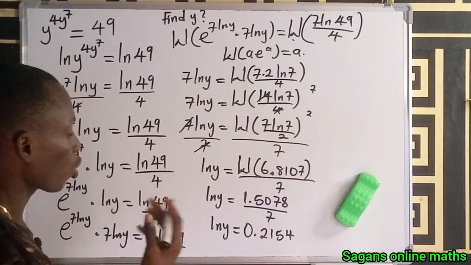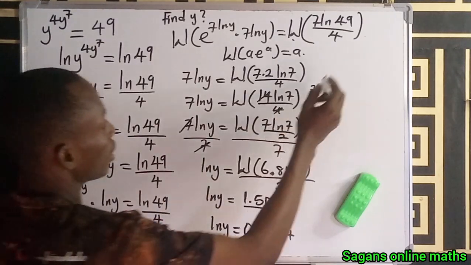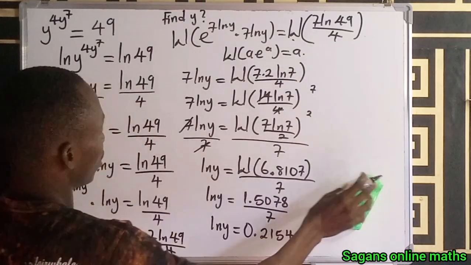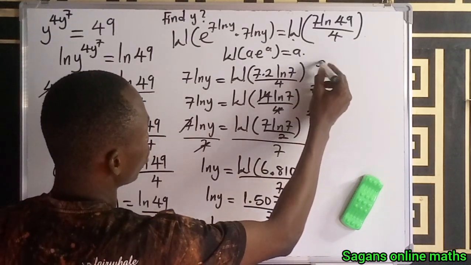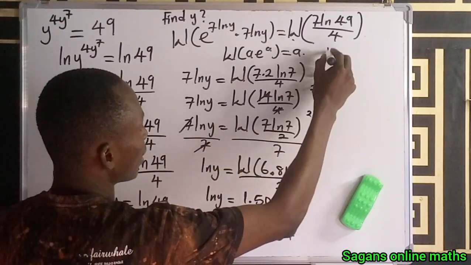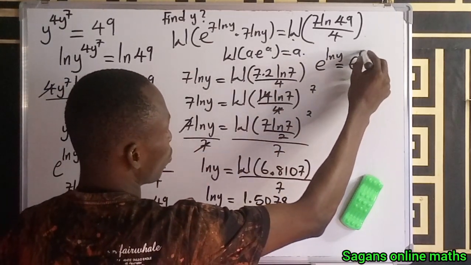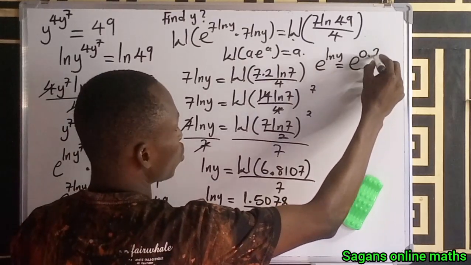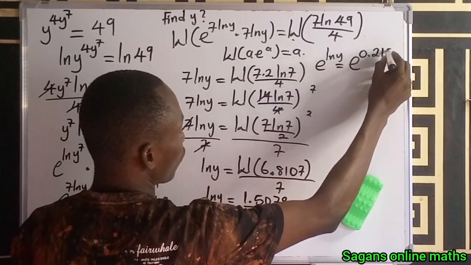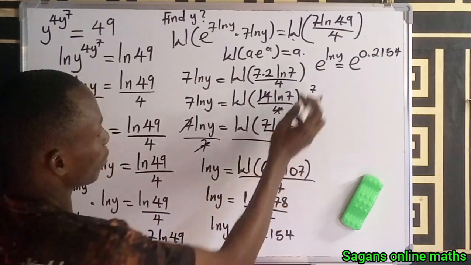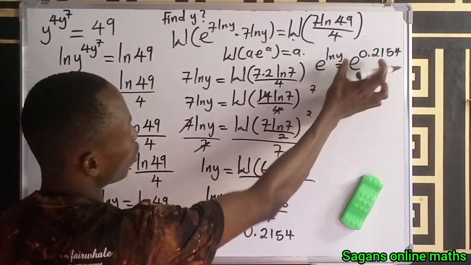Remember that I'm not wrong if I decide to write this as e to the power of ln y equals e to the power of 0.2154. I'm not wrong. Why? We know that the bases here are the same, so if the bases are the same, we can equate the powers.